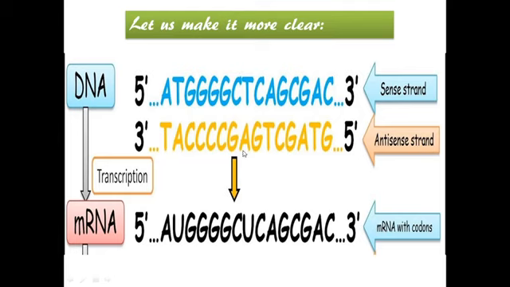Which one it chooses is a highly regulated process, the mechanism of which is too complex and still needs to be elucidated. Say for example, here for this RNA to be formed, it has chosen this as template. So opposite to thymine, it has added adenine.